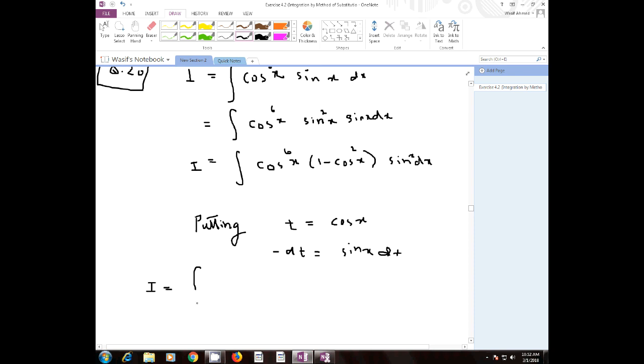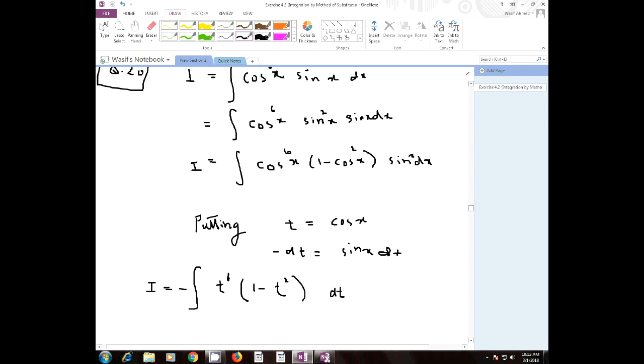Instead of cos raised to the power 6, you might get t raised to the power 6, because we are putting t equal to cos x, 1 minus t square, and instead of sin x dx, you might get minus dt, and minus has to be written out of the integral.